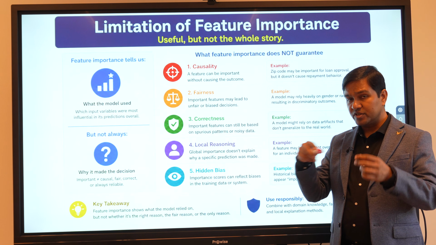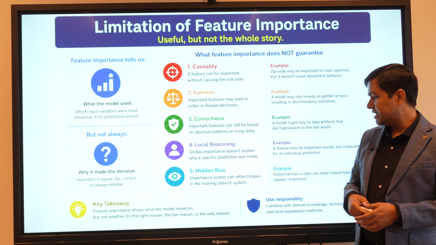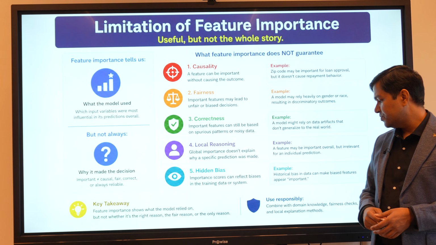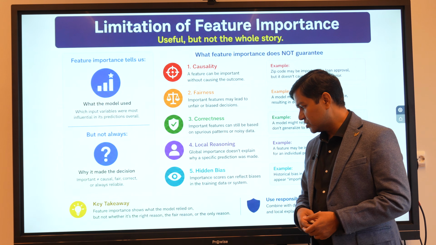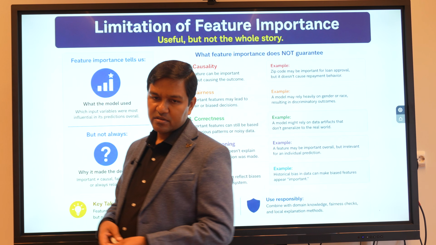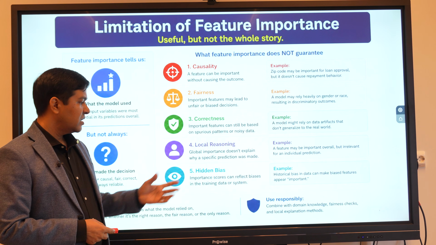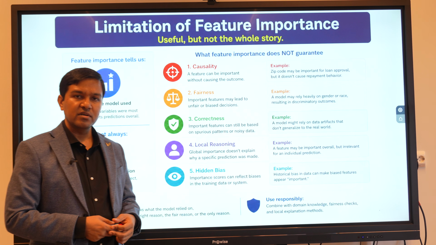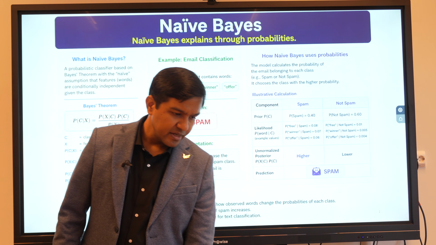It is not able to give the local reasoning. Since it is trained on historical data, it can have hidden bias. So you have to find the importance of features on a case to case basis, whether this is giving fair results, and you have to use feature importance more responsibly depending on that.